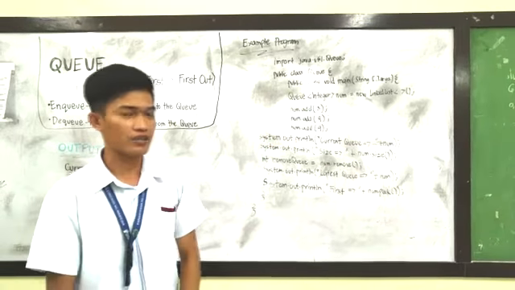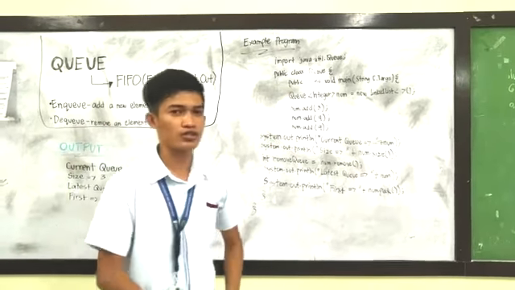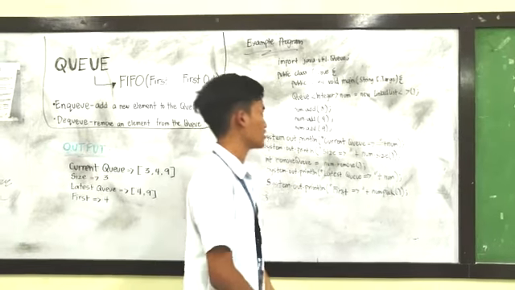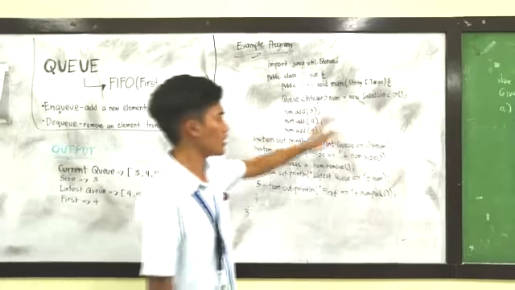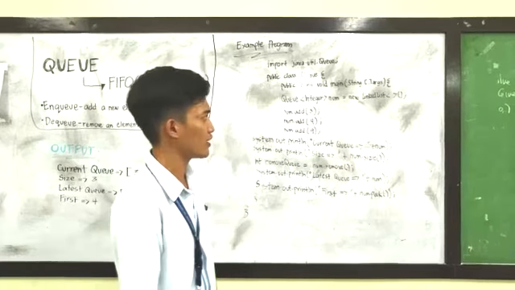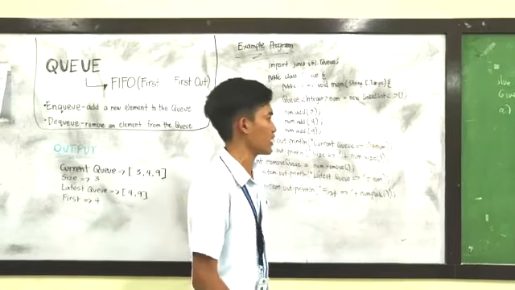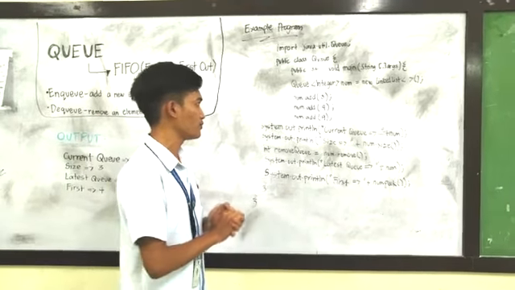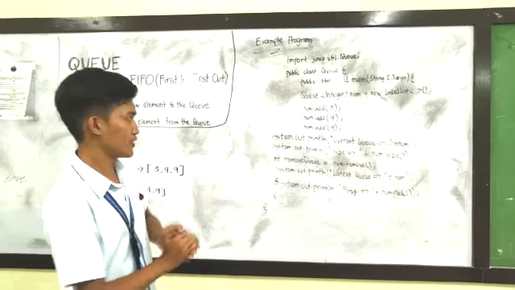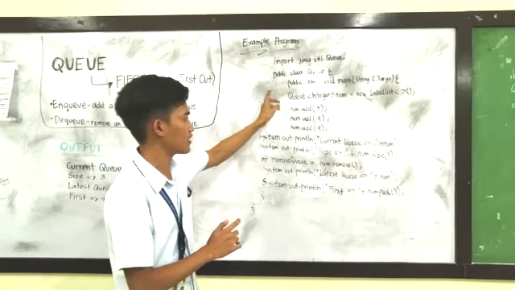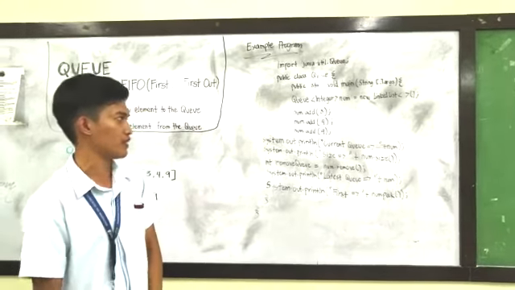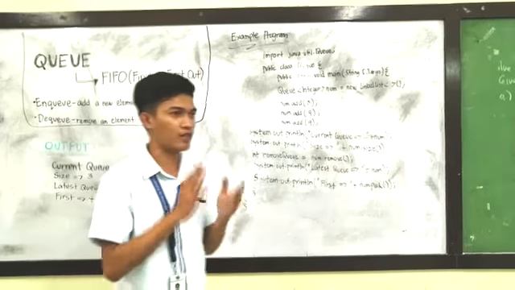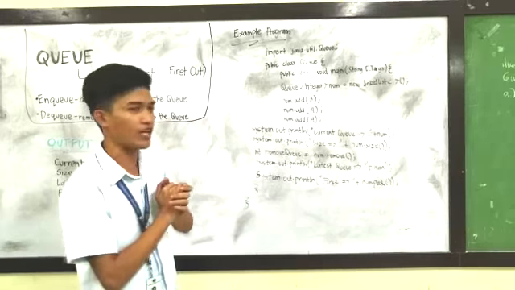For the next one is the variable. As I said earlier, the user can choose whatever he or she wants as a variable, but in this program, we use num as a variable. Equals new LinkedList with the greater than and less than symbols, open and close parentheses, and a semicolon. To add elements to the queue, we must use the syntax variable.add(), open and close parentheses, and a semicolon. But as I said earlier, we have another way of adding an element, which is enqueue.